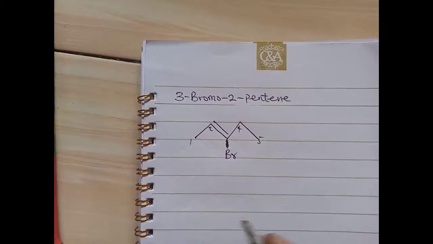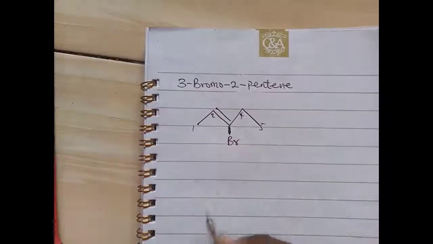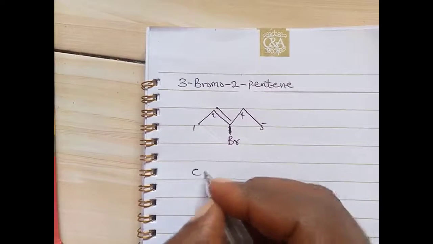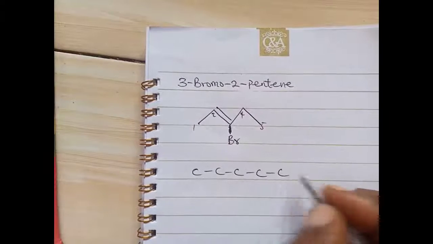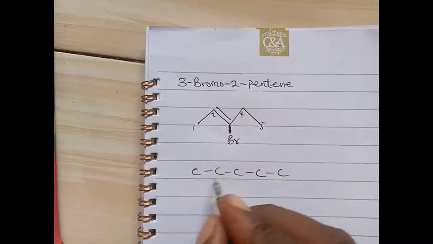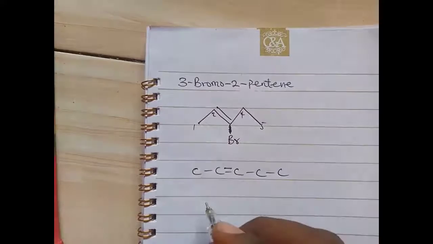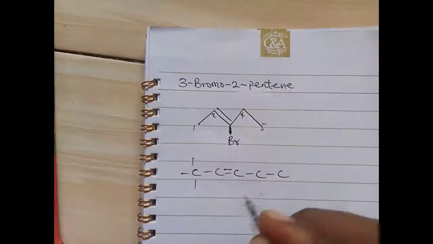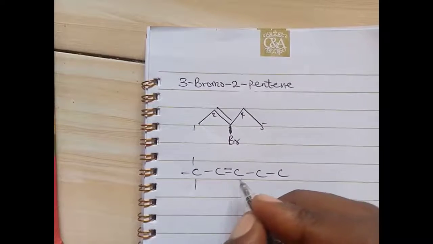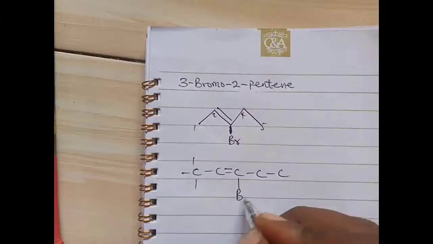So if we still want to write it, maybe put it straight, we can say 1, 2, 3, 4, and 5. At the second carbon atom, we have this, and then we can now have, at the third carbon atom, bromo.